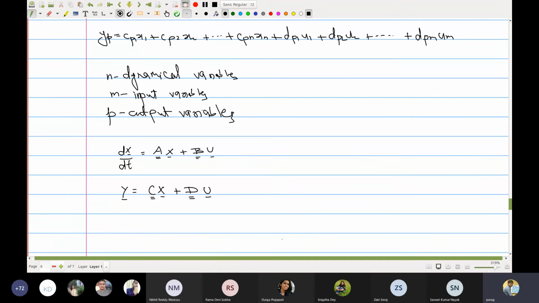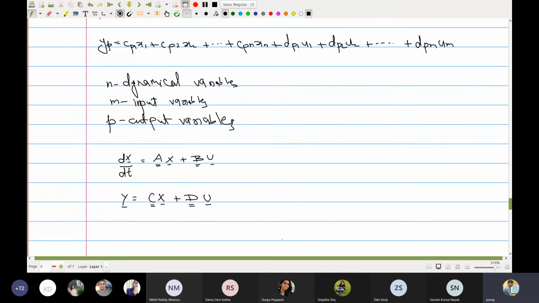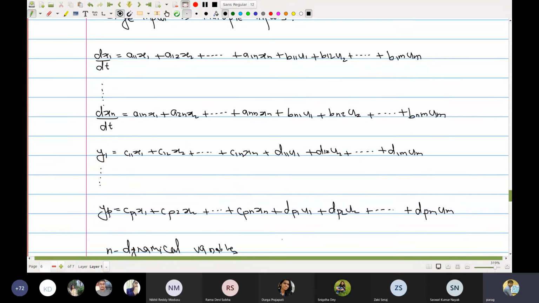If I remember what I did for the previous case, I took the Laplace transform.